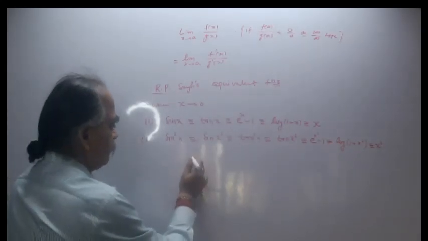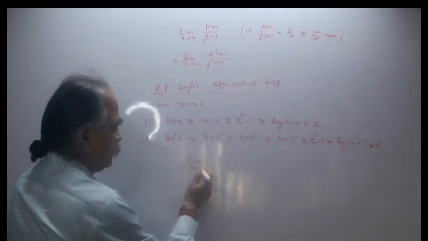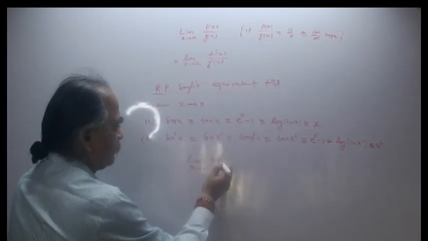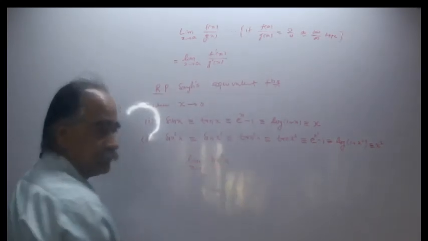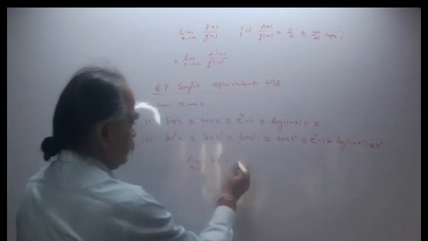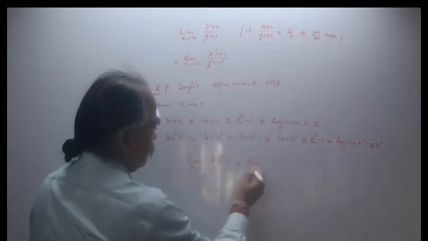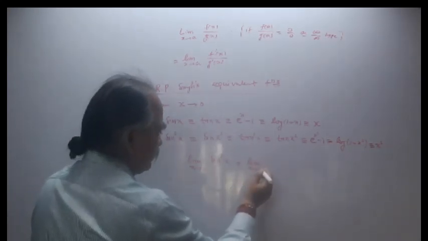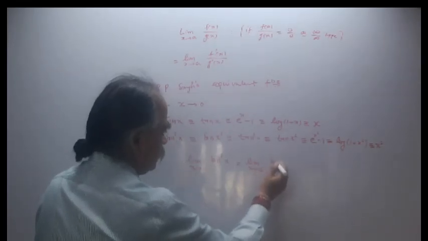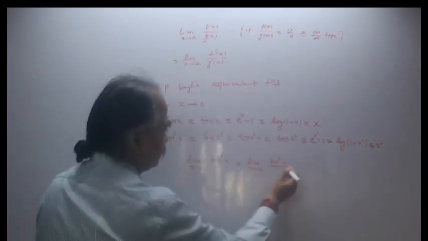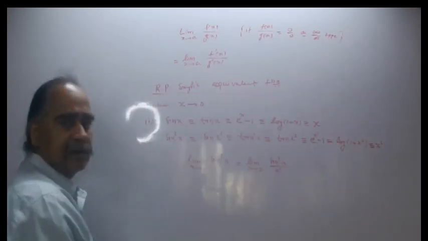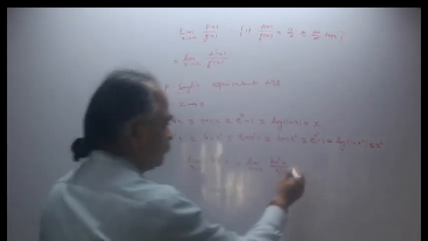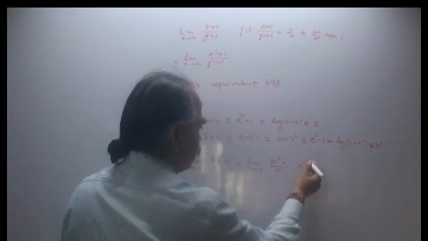See, for example, when you are finding limit x tends to 0 and the problem is sin square x, then we can write limit x tends to 0, sin square x upon x square. I have divided by x square, balance it by multiplying by x square.